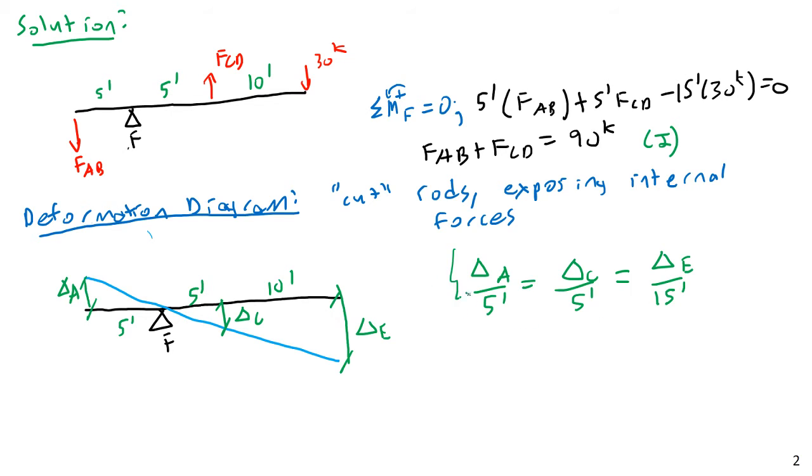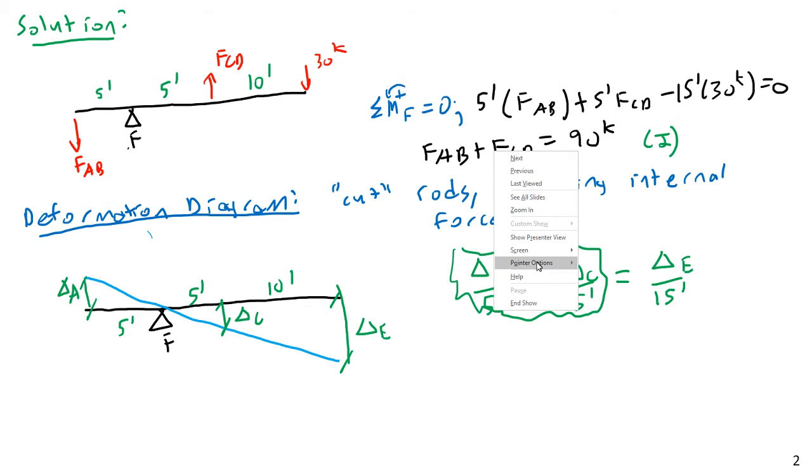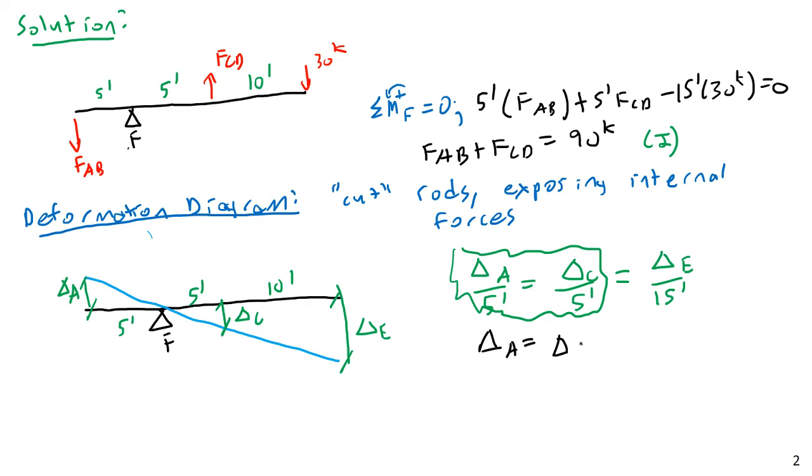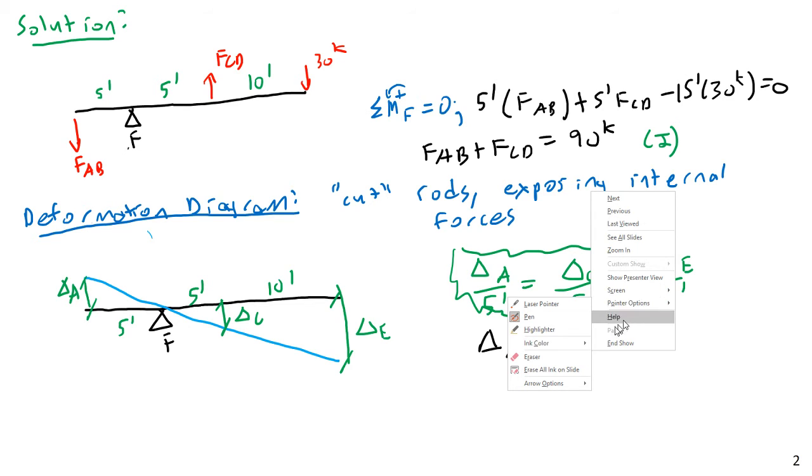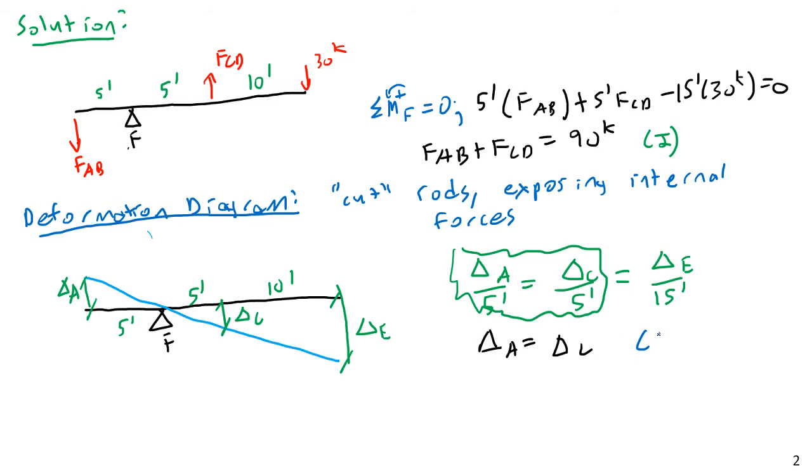Although what we really need is just this portion here. If we work through that, it's fairly easy to see that the two deformations are going to be equal and opposite really. But the way we constructed it, we can just say delta A is equal to delta C. And this we can call equation 2.